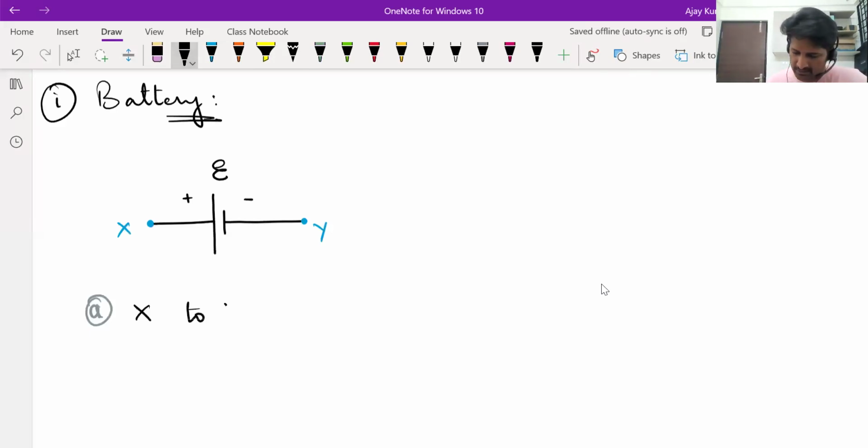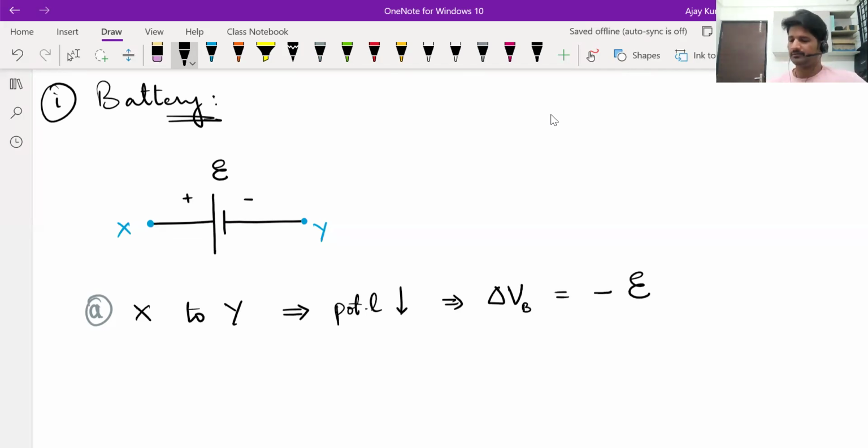When you move from the X side to the Y side, should potential increase or decrease? Decrease. You are going from the positive terminal to the negative terminal. Potential decreases. And if potential decreases, the change is negative. So you should write the potential change across the battery as negative of its EMF.